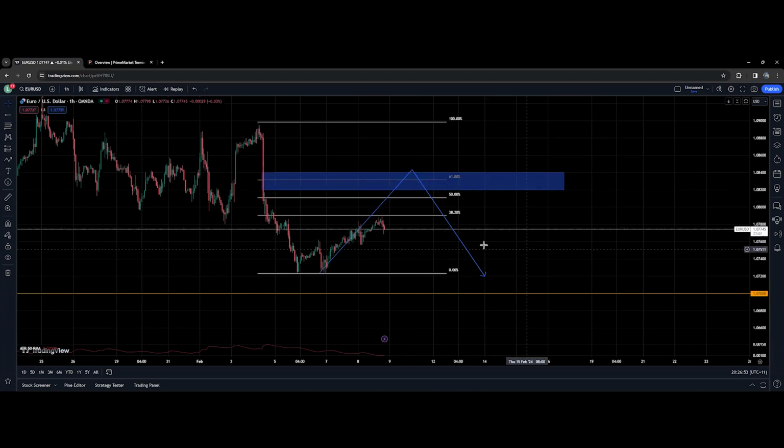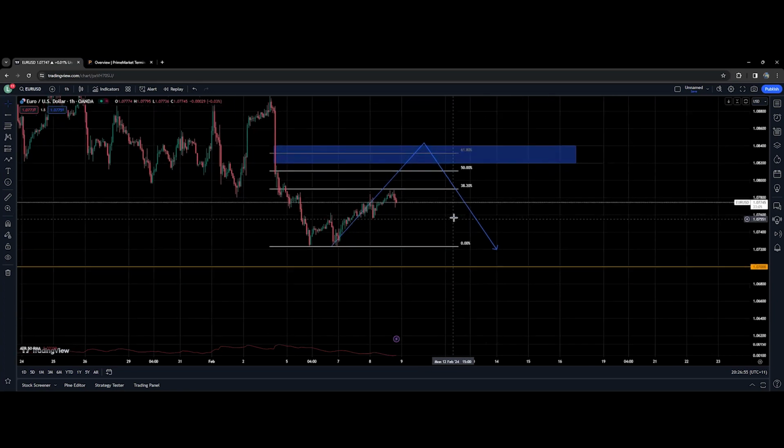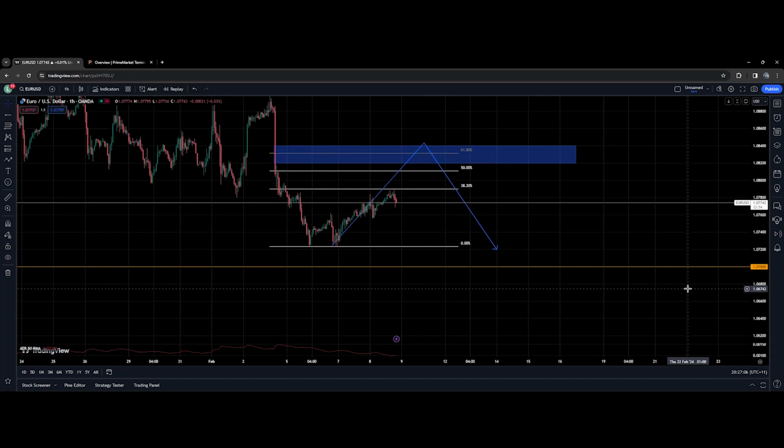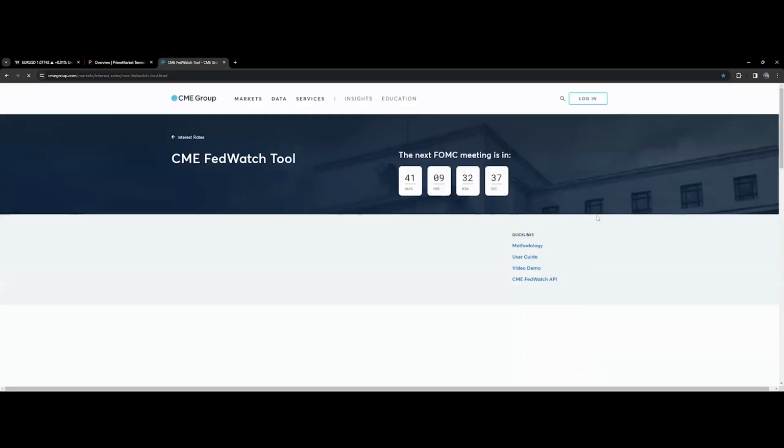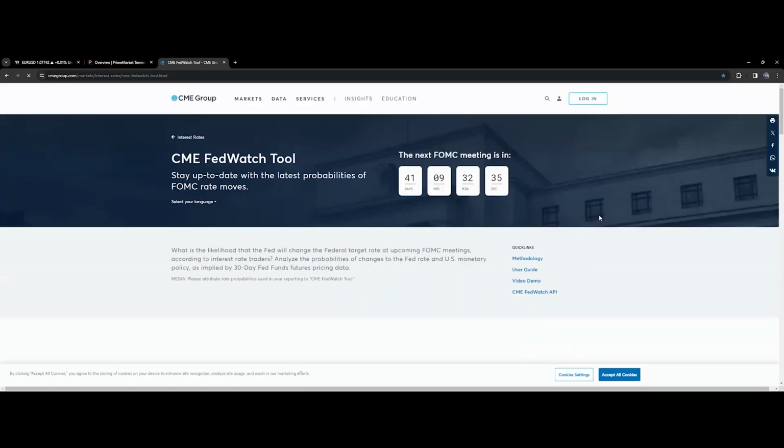And after that, most probably we will continue to go down until May, because now we have to remember, my target for 107 was because of the divergence of the central banks, and the Fed would cut interest rates in March, but now they won't cut in March, because if we look at the CME FedWatch tool, let me open it for you guys.